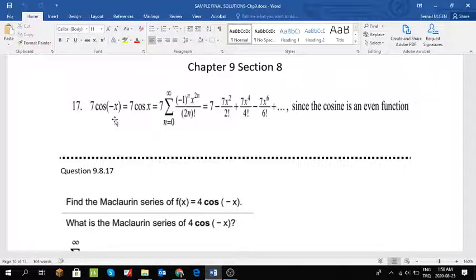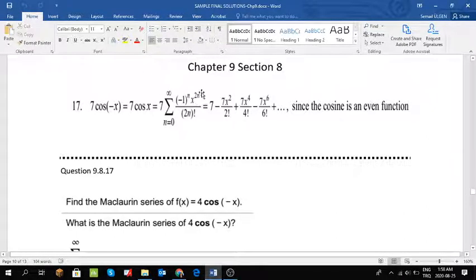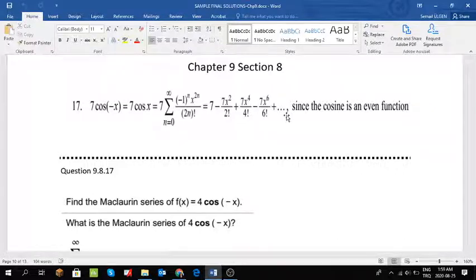We also know how to express cosine x as a power series, which is negative 1 to the n, x to the 2n over 2n factorial. With 7 in the front, we just distribute it over, expand it, and this is the Maclaurin series for f of x equals 7 cosine negative x.